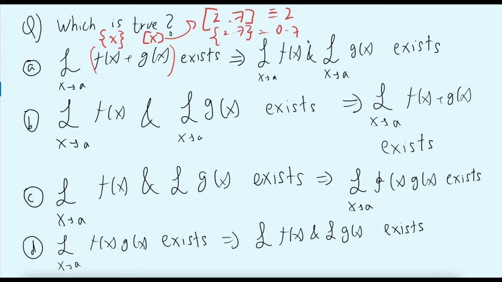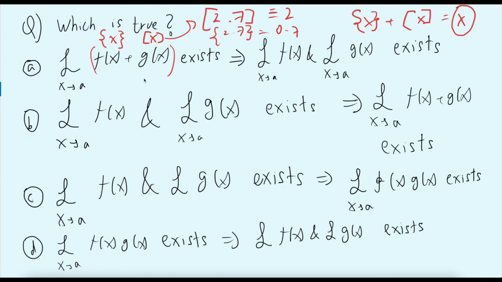Another way to look at it is that fractional part of x plus floor of x is equal to x. And we know that x is always continuous and exists for all real numbers.